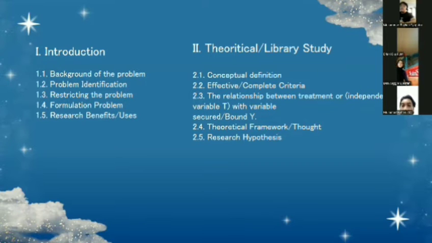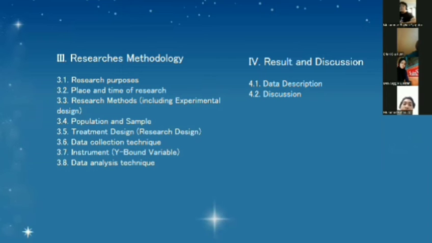First is conceptual definitions, effective or complete criteria, and then the relationship between treatment and a variable, and then fourth, theoretical frameworks, or we can say thought, and there is a research hypothesis. For the moderator, please go to the next slide.